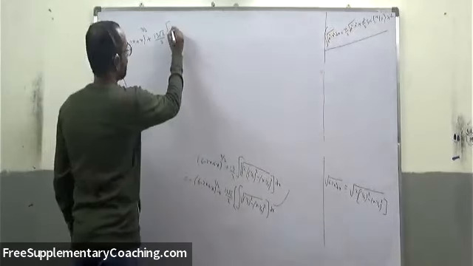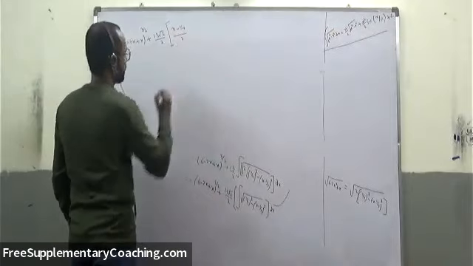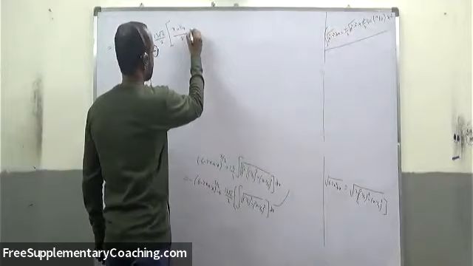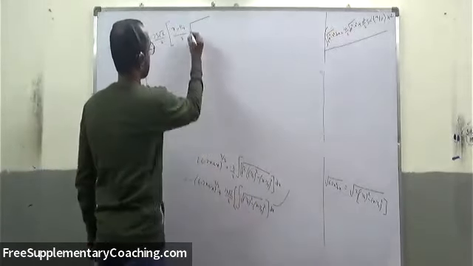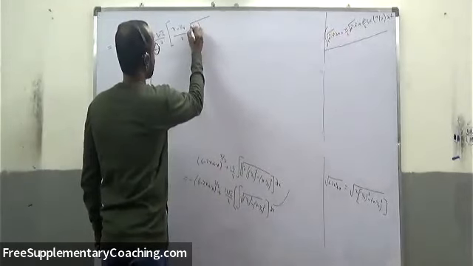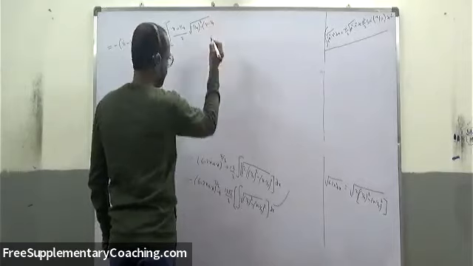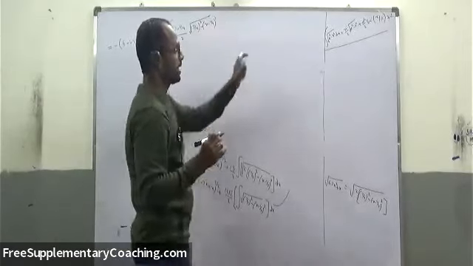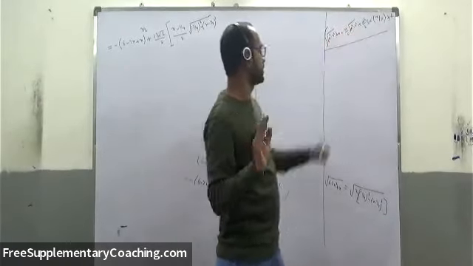So I have to write (x minus 1/4) by 2, root over a² minus x² as it is, that is (7/4)² minus (x minus 1/4)². So x by 2 root over a² minus x² is completed.